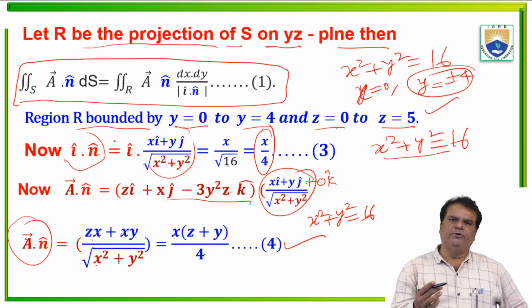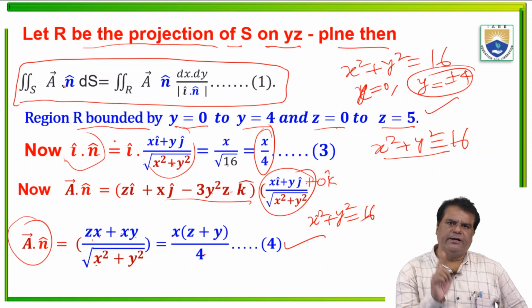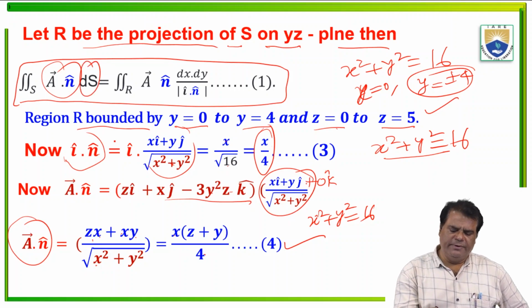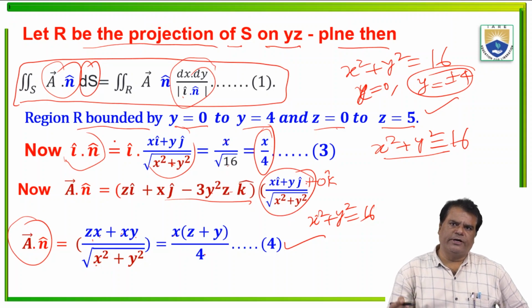We find out the value of A vector dot n cap. In our question we need only two values: A vector dot n cap and the value of dS. The value of dS is dx into dy upon i cap dot n cap.